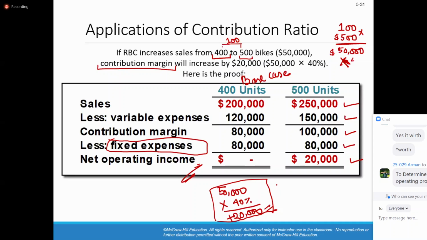Now, the question to you, between this case, the base case of 400 units and the new case of 500 units, has there been any changes in the contribution margin ratio? Yes or no? I see responses are coming.